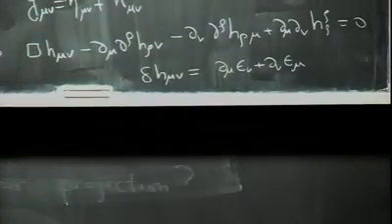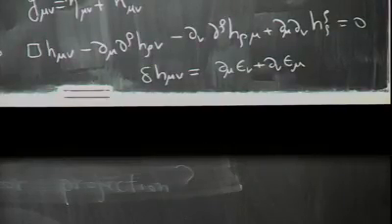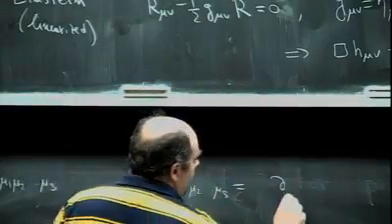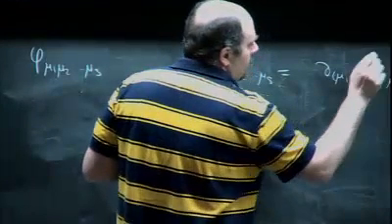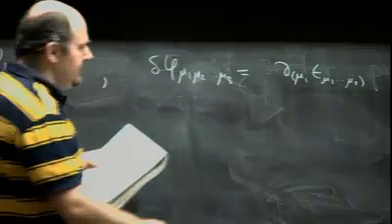So how do we generalize that to higher spins? We want a structure like this, where this denotes symmetrization over all indices, right?